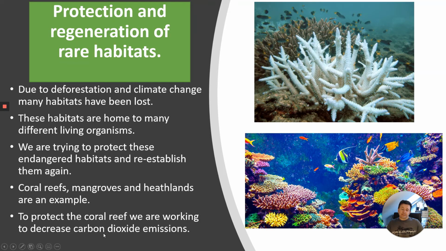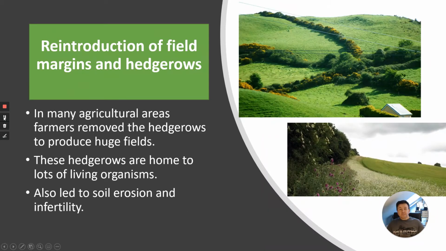And as it says there, to protect the coral reef, we are trying to reduce carbon dioxide emissions and therefore global warming. There's been a massive demand for food and crops, and therefore farmers have used more intensive farming methods. These are very efficient methods, but unfortunately this changes the habitats of different species.